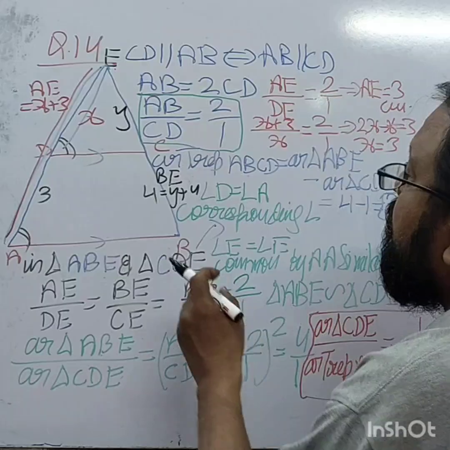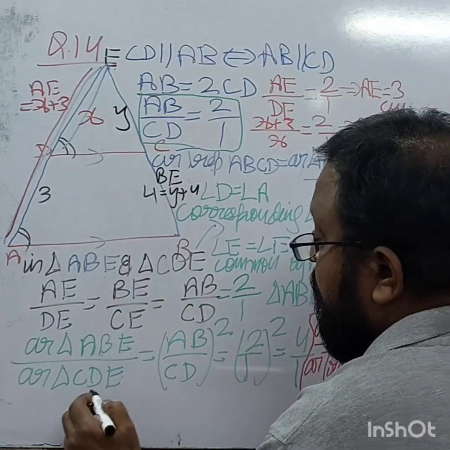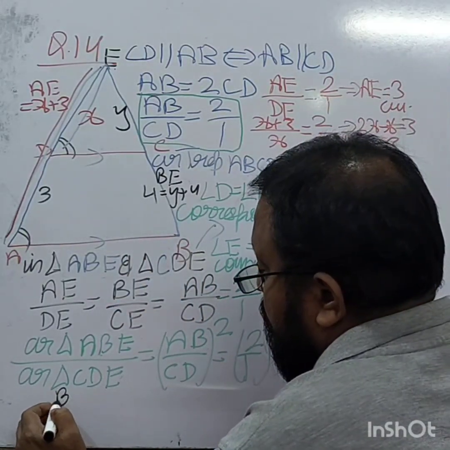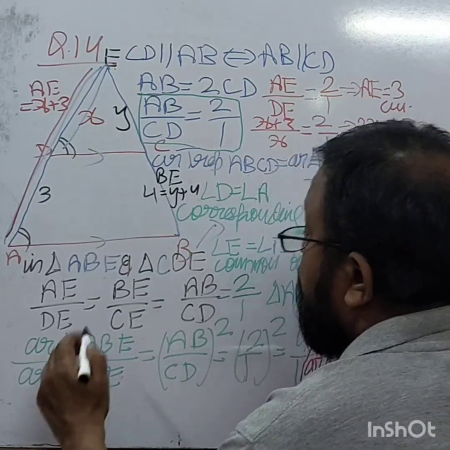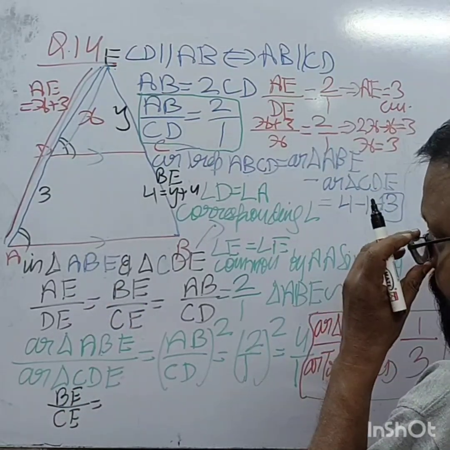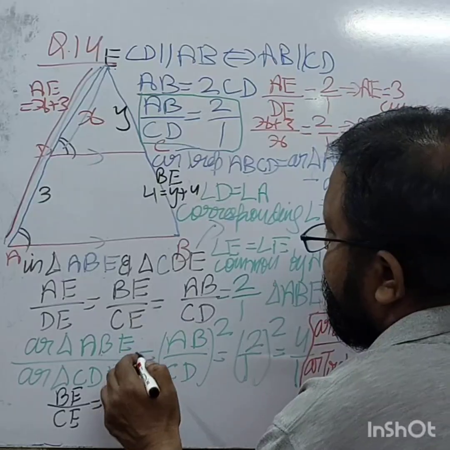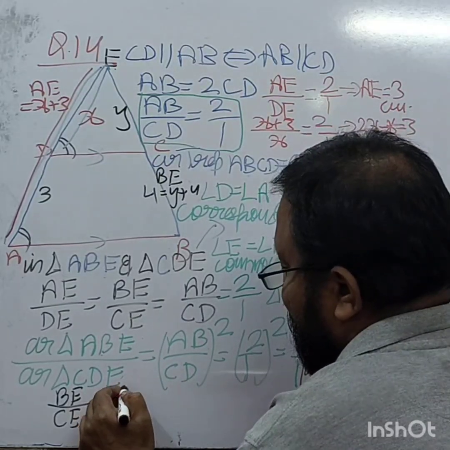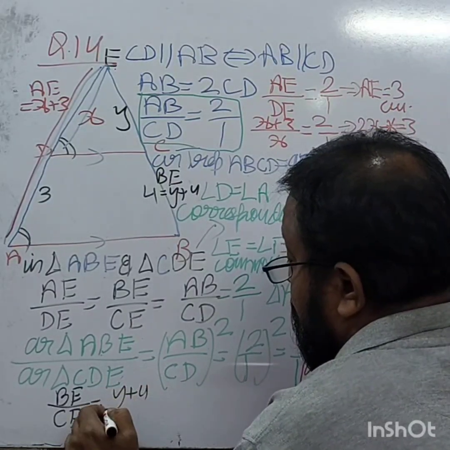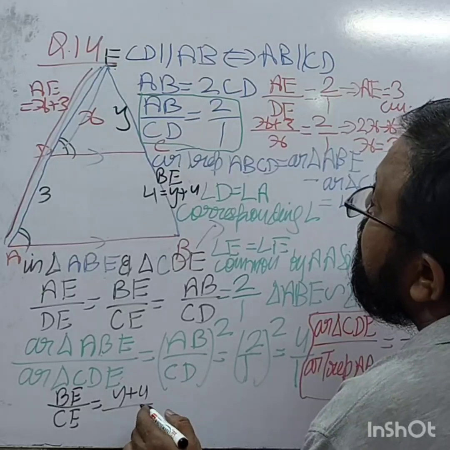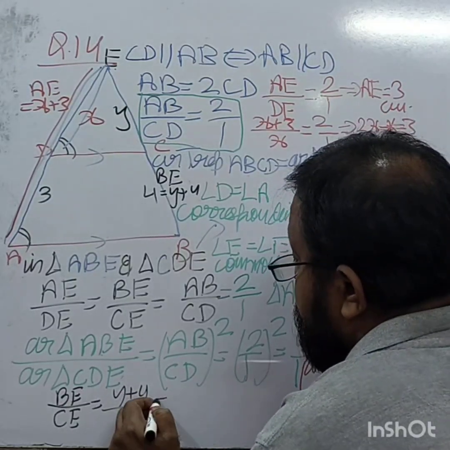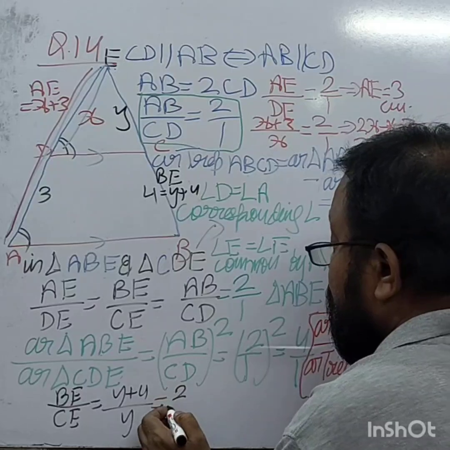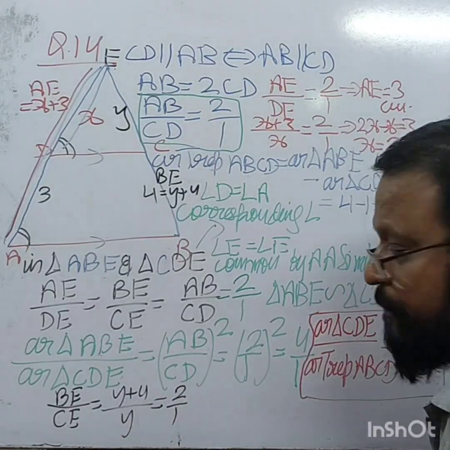So write BE upon CE. BE is Y plus 4 and CE is Y, equal to 2 upon 1.